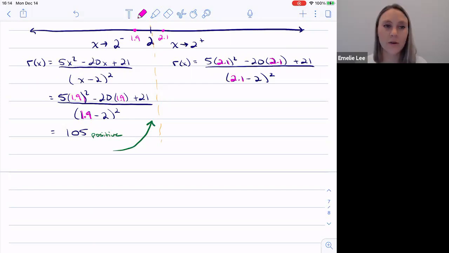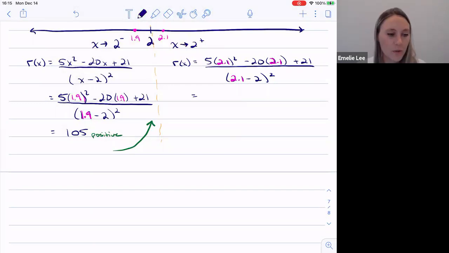Depending on how close to 2 you want to go, right? We don't need to make our lives that difficult. But if we let it be exactly 2, it's not going to work, right? Because 2 minus 2 is 0, so then you're dividing by 0, which we can't do. So that's the pickle.